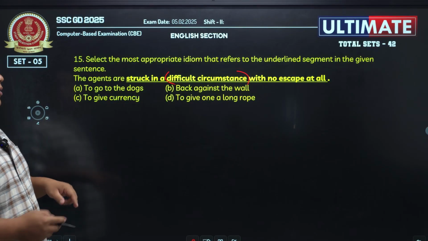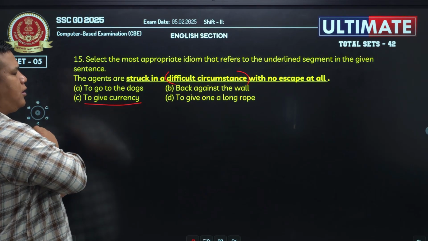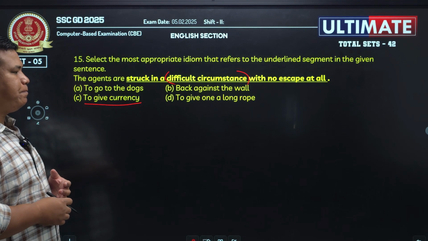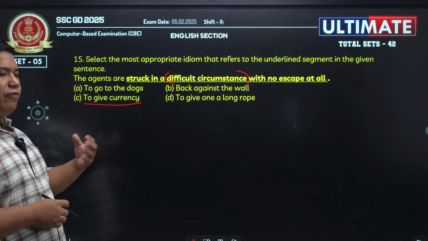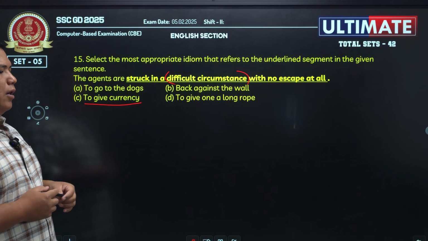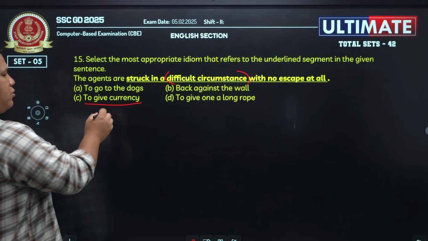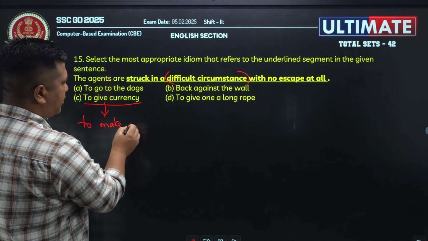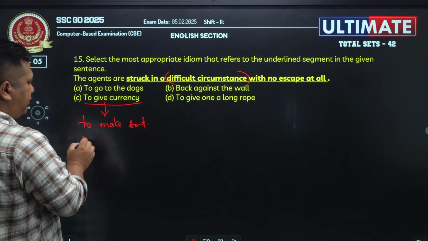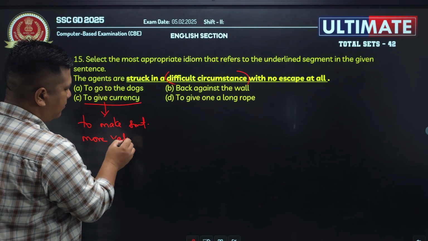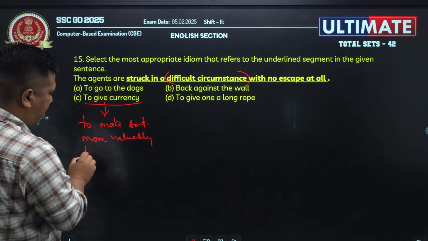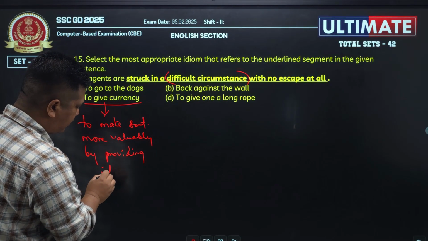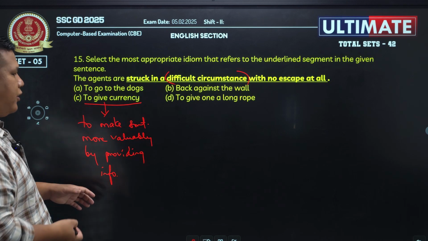To give currency. This can mean when you try to promote something or present something as valuable, to make something or someone more valuable, maybe by providing information or something that can increase its value.